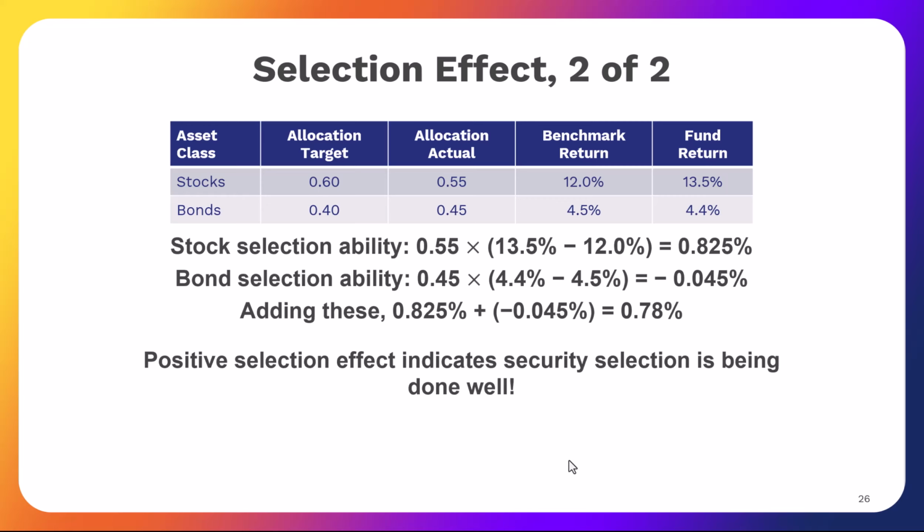If this number is positive, we have exhibited good security selection. And I think we can even drill down a little bit lower and say, well, we're doing really good at selecting stocks, not so good when we're trying to select which bonds to invest in. If we want to increase our returns, we need to figure out how to do this piece a little bit better.